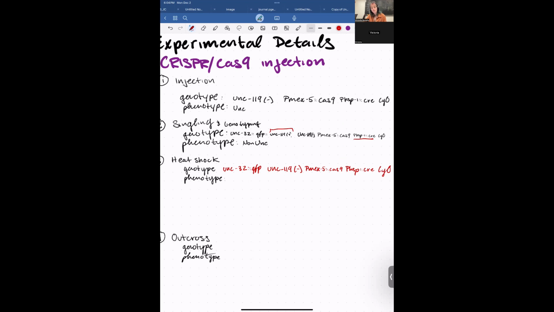Okay, so now the phenotype, because it's lost the rescue of UNC119, is now back to being uncoordinated. So we know if the heat shock works based off of if the progeny of the heat shock worm are uncoordinated.